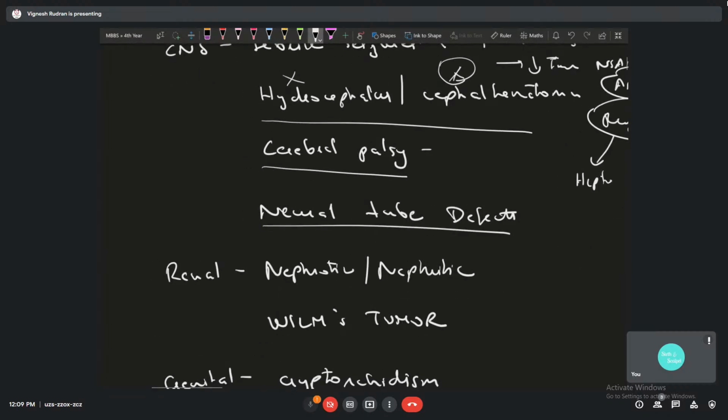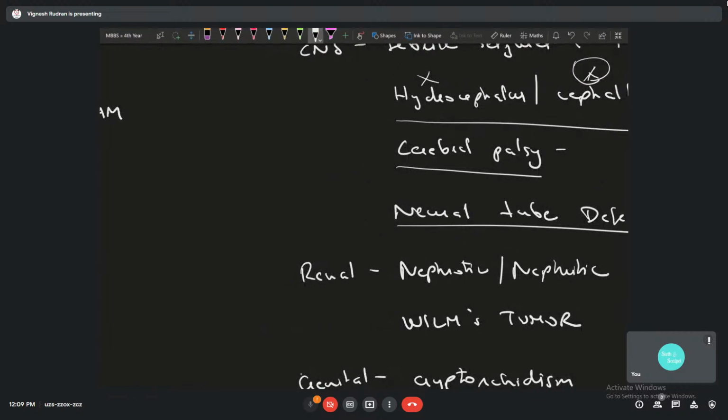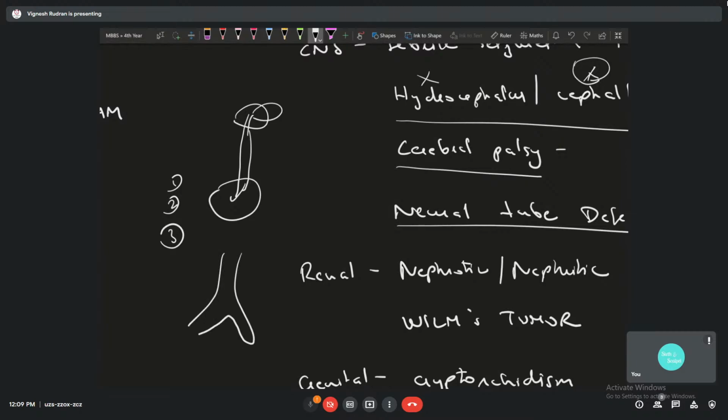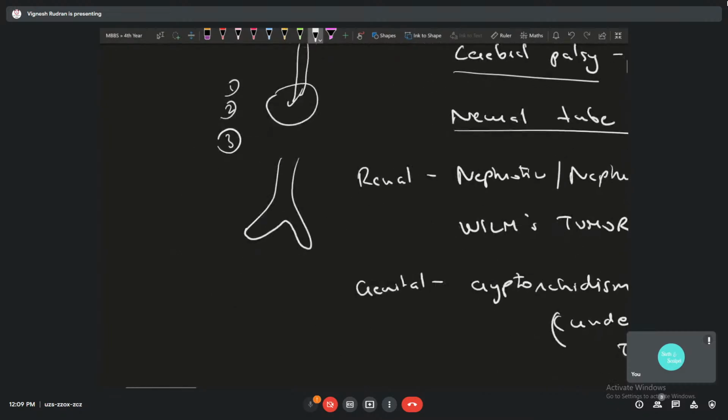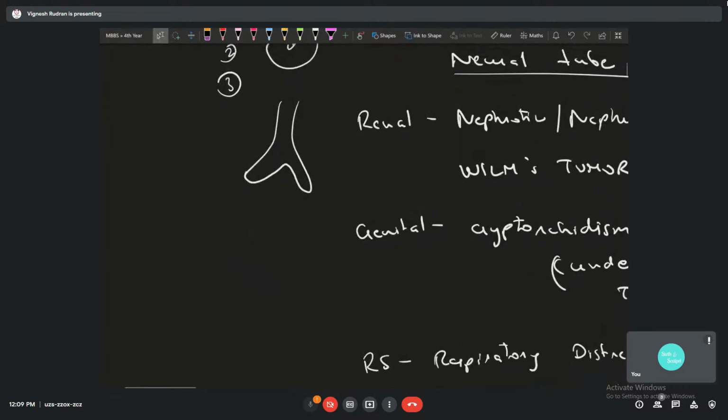The important topic is neural tube defects. You have your spinal cord formation over here, right? There can be a problem here or here. Here there can be three problems. The first one is spina bifida, like you have a spine like this. It can be seen as a tuft of hair, and then a neurocutaneous marker.